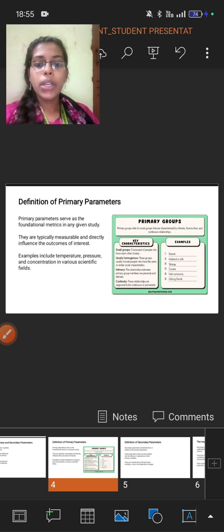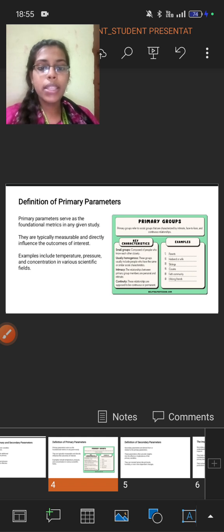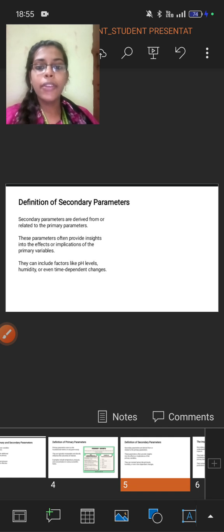Examples include temperature, pressure, and concentration in various scientific fields. We can see in this picture primary groups. There are two types: key characteristics and their examples.